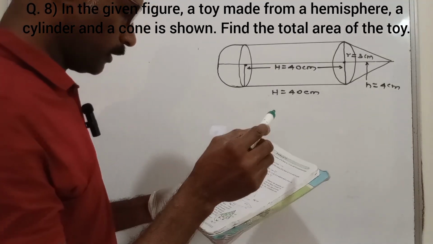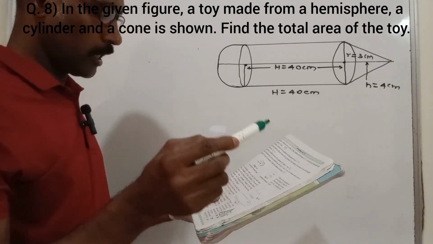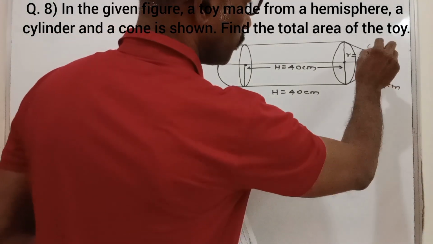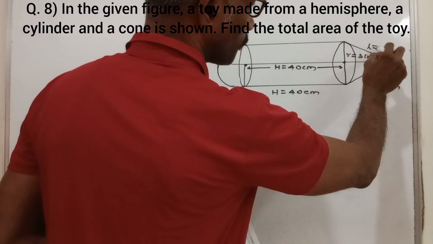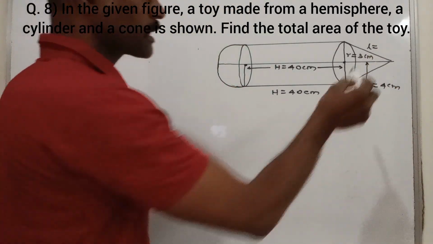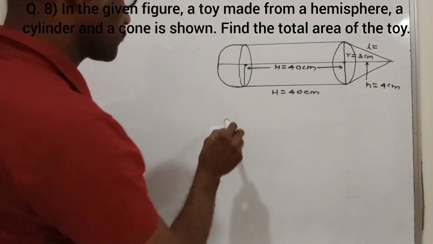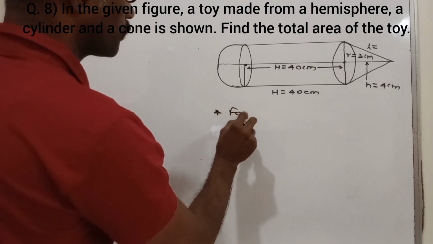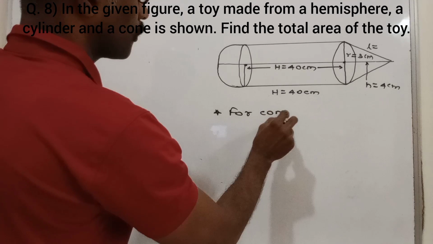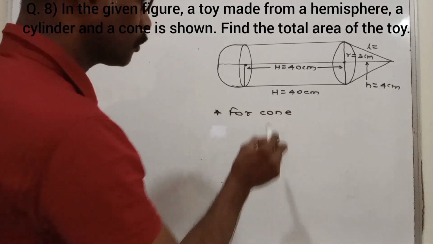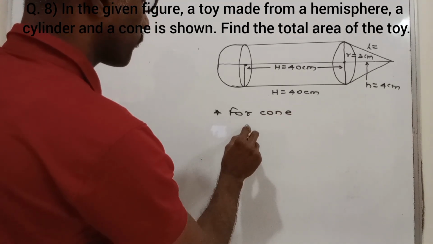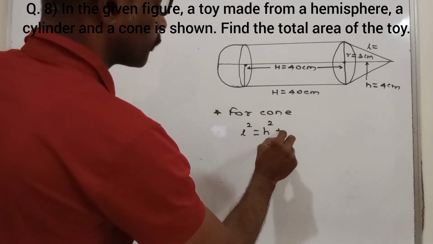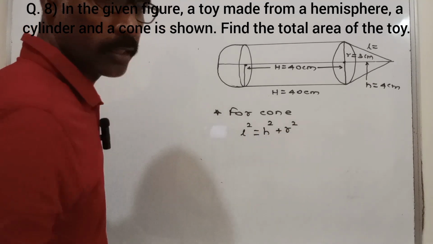Then we will find the total area of the toy. For that we want the slant height. We will find it first. See here, for the cone, see this, L square is equal to H square plus R square.